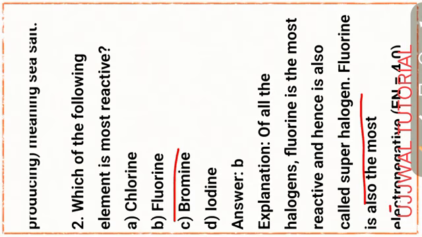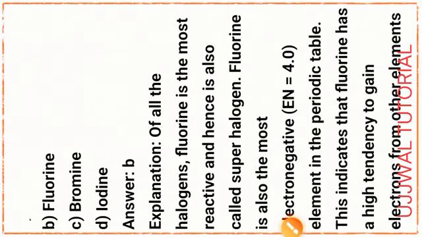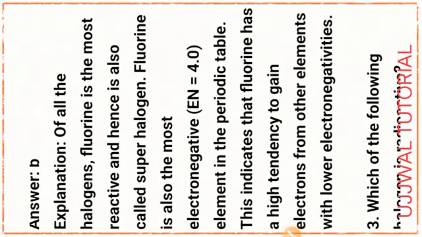Fluorine is also the most electronegative element in the periodic table, with an electronegativity value of 4. This indicates that fluorine has a high tendency to gain electrons from other elements with lower electronegativities.